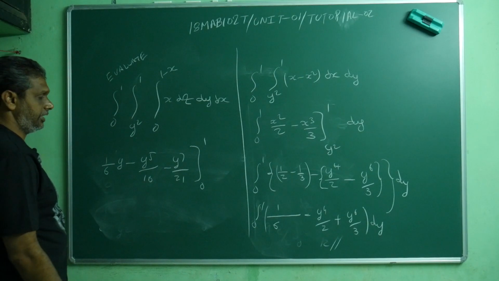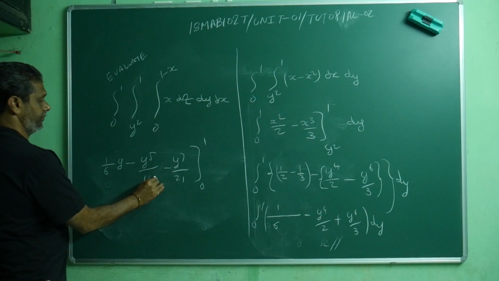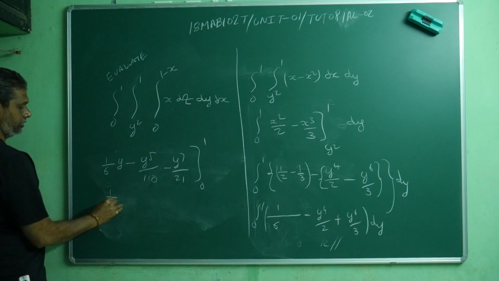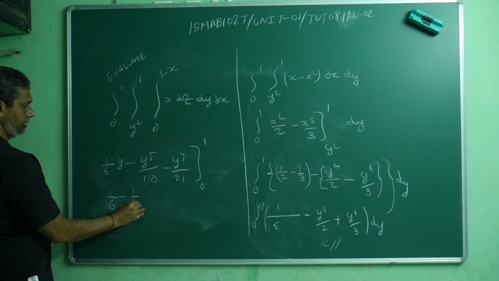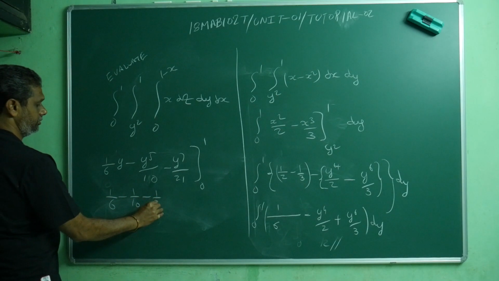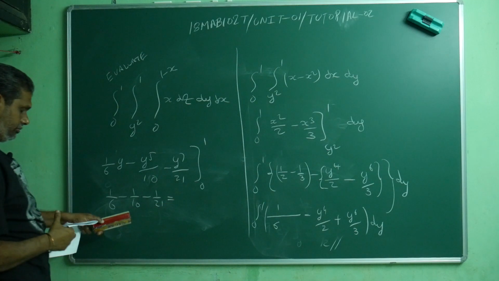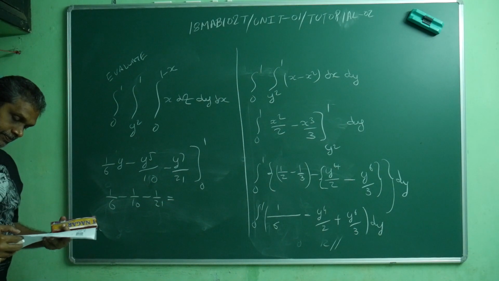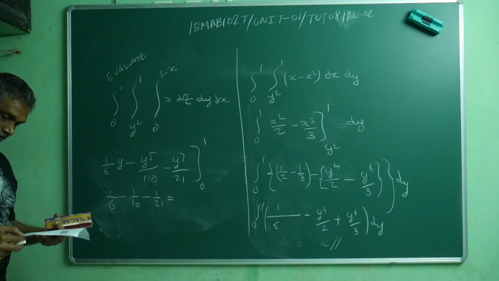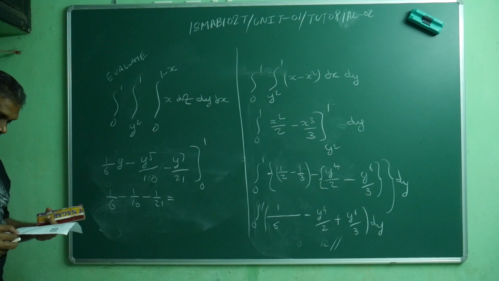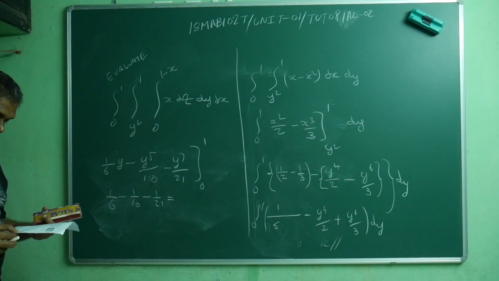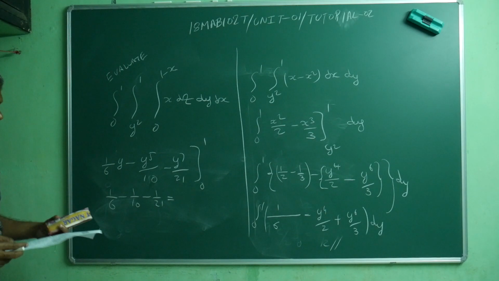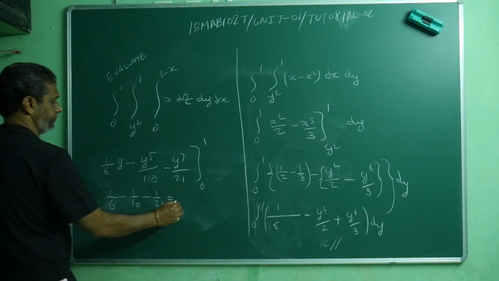Anyway lower limit vanishes. So you will get 1 by 6 minus 1 by 10 plus 1 by 21. After simplifying you will get 4 by 35.